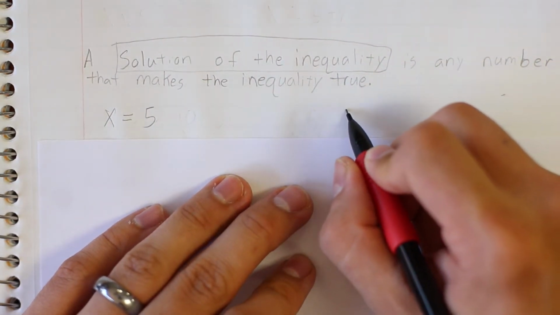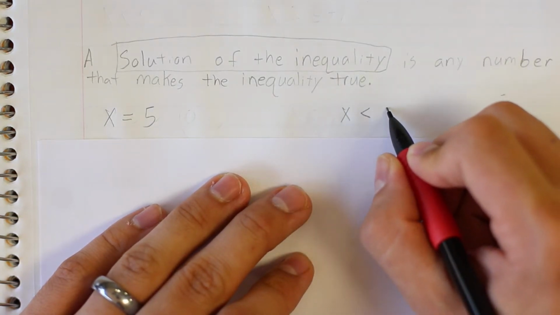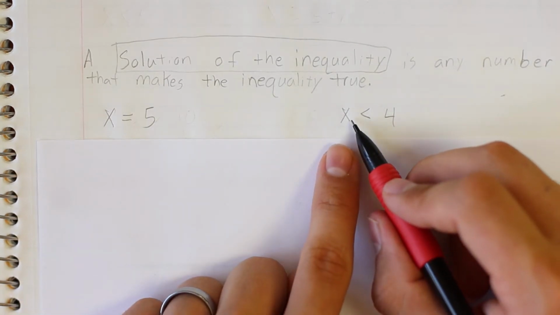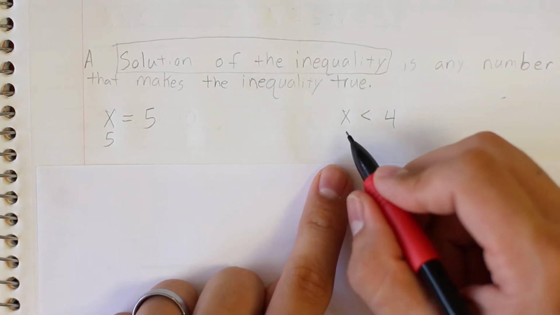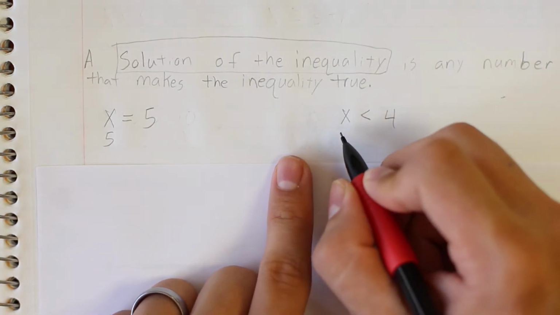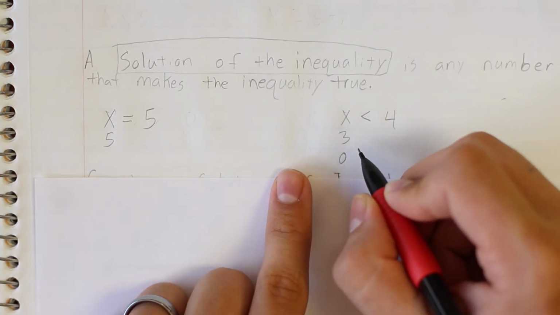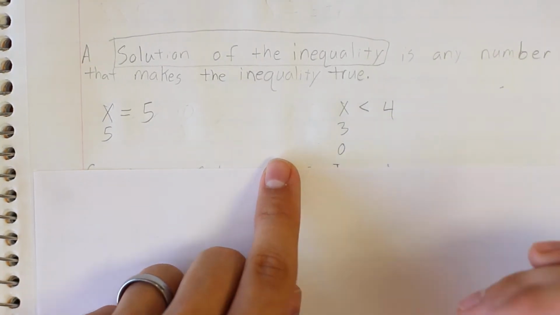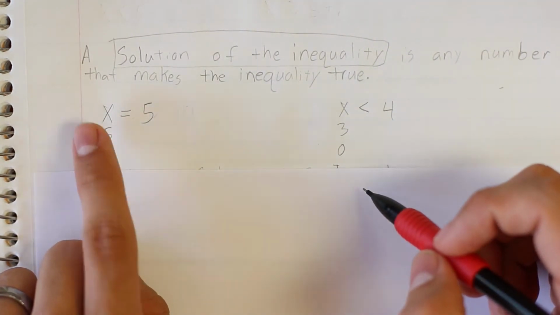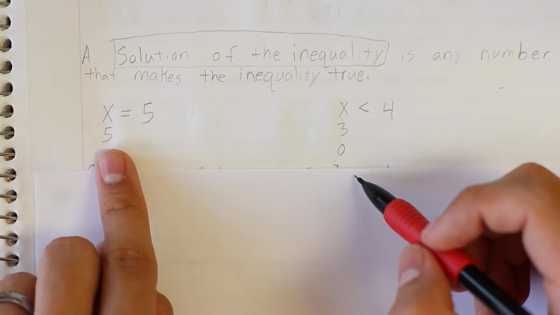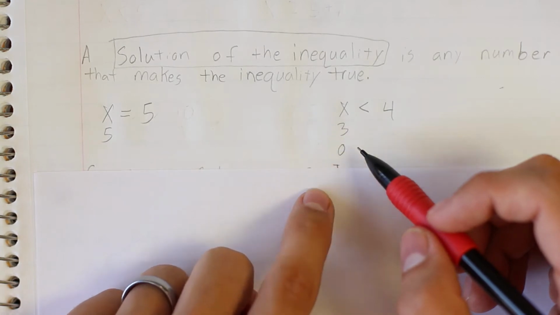For an inequality, if I have x is less than 4, I can have a lot of numbers. You see, x right over here has to be 5. But over here, x could be 3, it could be 0, it could be a negative number. There's a lot of different numbers it could be. That's the point. For inequalities, they're basically the same, except with equations, you're usually only going to have one number. With inequalities, you sometimes have a lot of numbers that it could be, okay?